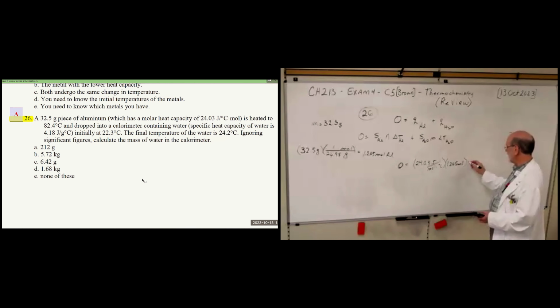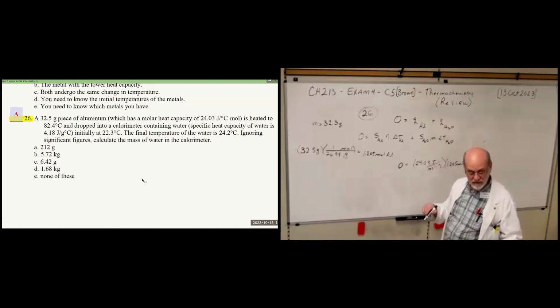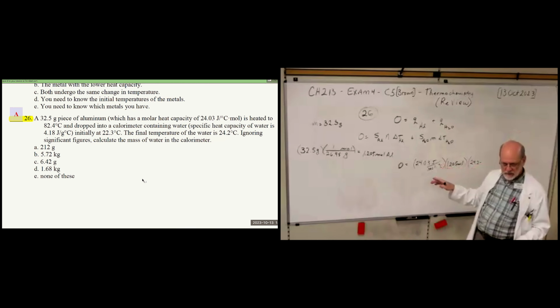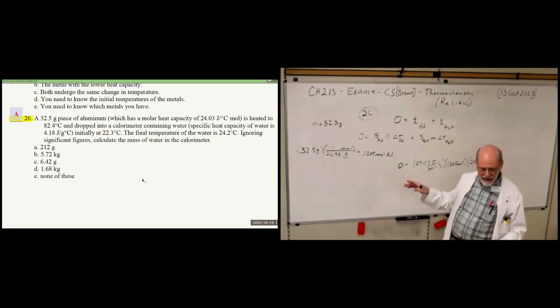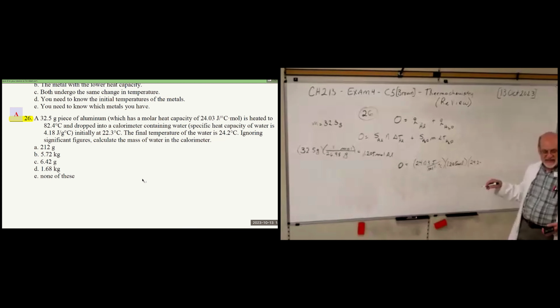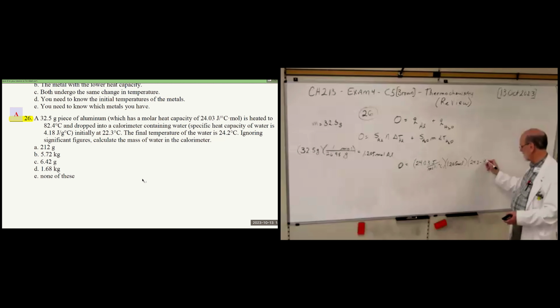Okay. And then change in temperature is final minus initial. So what's the final? 24.2. Right, 24.2. And what was the initial for aluminum? 82.4. We heated the aluminum up to 82.4. Okay, that was the initial.